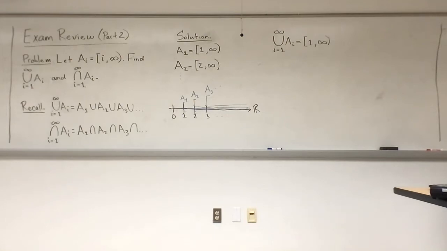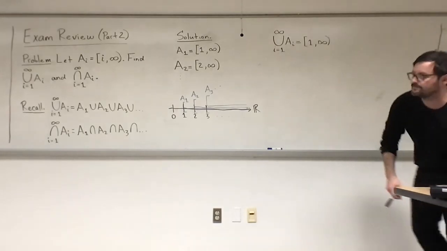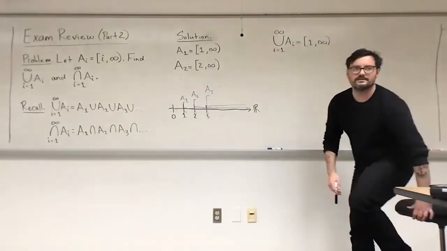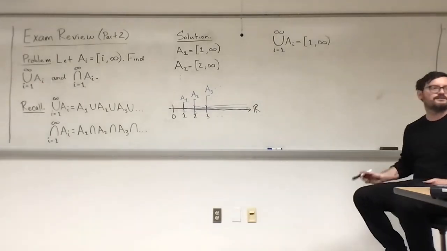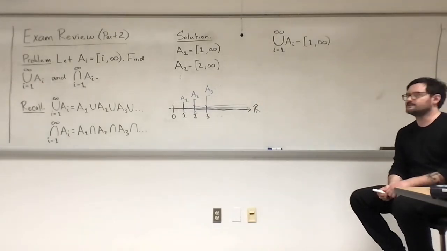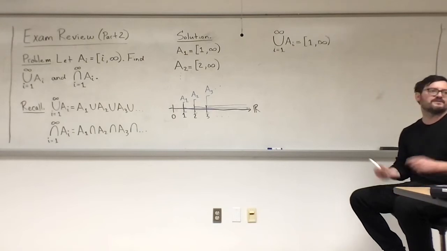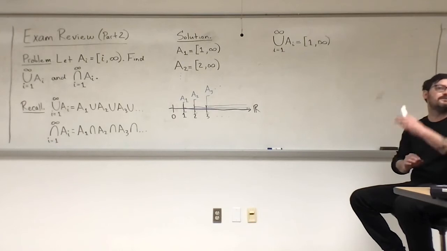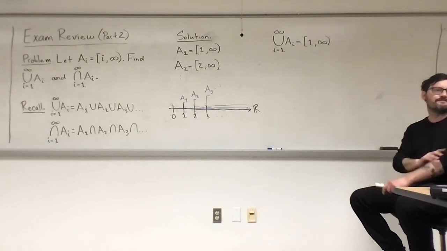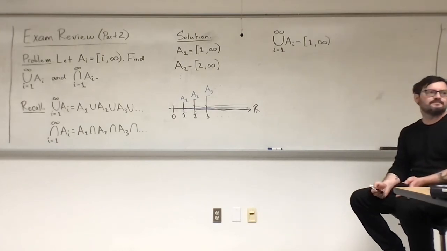So what's A1 intersect A2? It's A2, right? It's 2 to infinity. So what's A2 intersect A3? Well, you can just say A3, or you can say 3 to infinity. Okay? What's A3 intersect A4? So what do you think the intersection is?